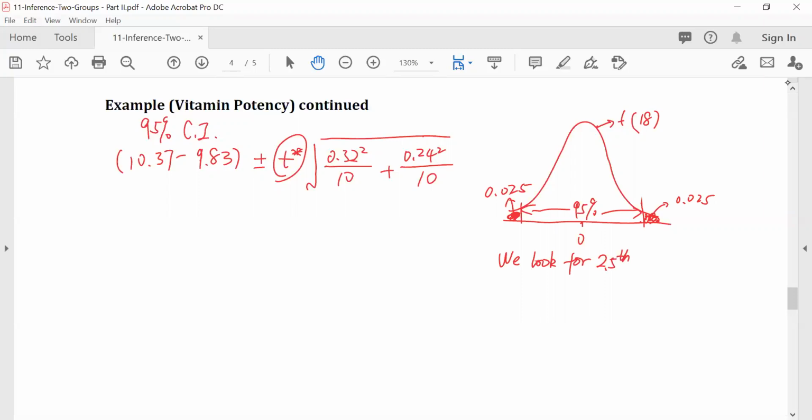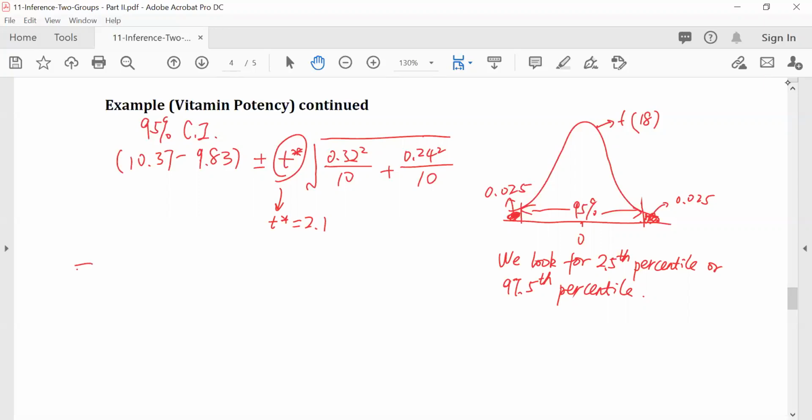2.5 percentile or 97.5 percentile. Now if you go back to the table or the StatCrunch, you will find this value equals 2.1.